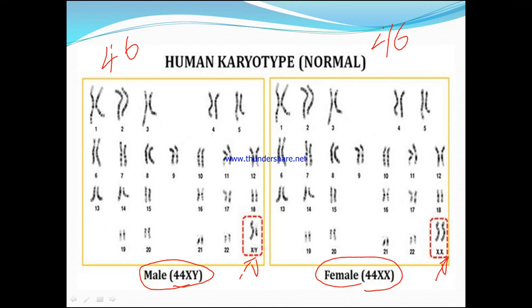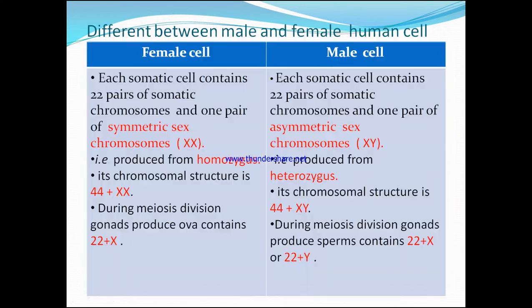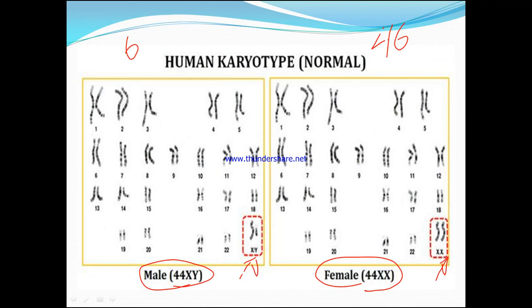Okay, when we make a comparison between the female cell and the male cell, each somatic cell contains 23 pairs. But in female the first 22 pairs are autosomes and the last one is a symmetric sex chromosome pair, X and X. Symmetric means like each other: the same length, the same sequence of genes, the same location of genes.